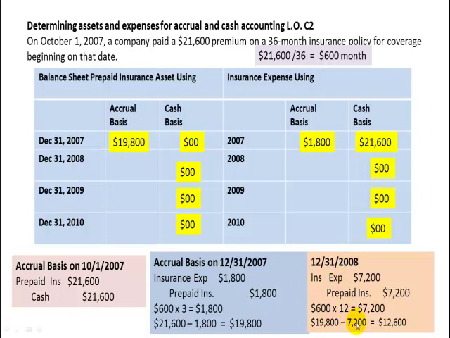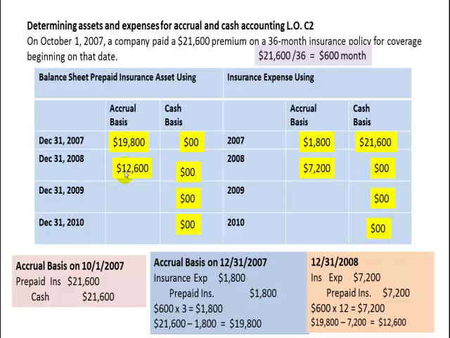We're going to use up another $7,200 of that, and we'll end up at the end of 2008 with $12,600 left in the asset account. So there's our $7,200 that we expensed in 2008, and this $12,600 is how much is left in the asset account at the end of 2008. So you can see how this more properly matches the expenses in the period in which they were benefiting our company.